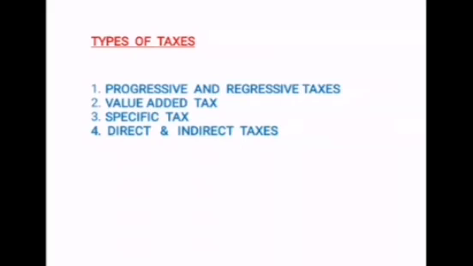A regressive tax is one that causes a greater real burden on the poor than the rich, because the same tax, or same percentage of tax, is collected from the rich as well as the poor. Examples are given on page number 296, and you can even refer to page number 295 to get the constituents of revenue receipts. So one is progressive tax and one is regressive tax.